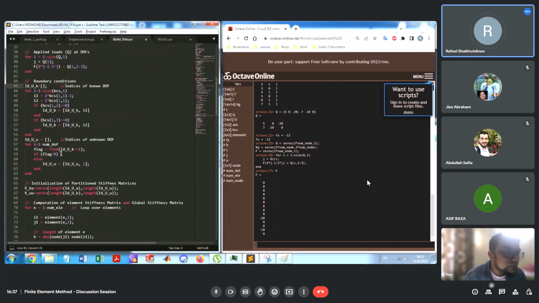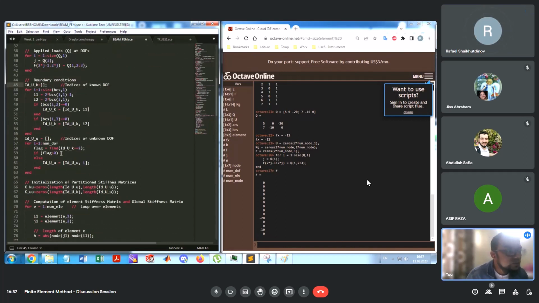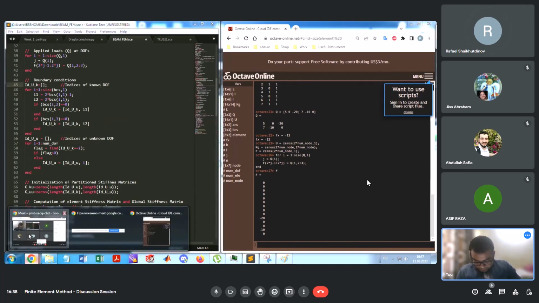Okay. So indices of UK, as told, these are the known degrees of freedom, and indices of the unknown degrees of freedom. I'll share my problem again.